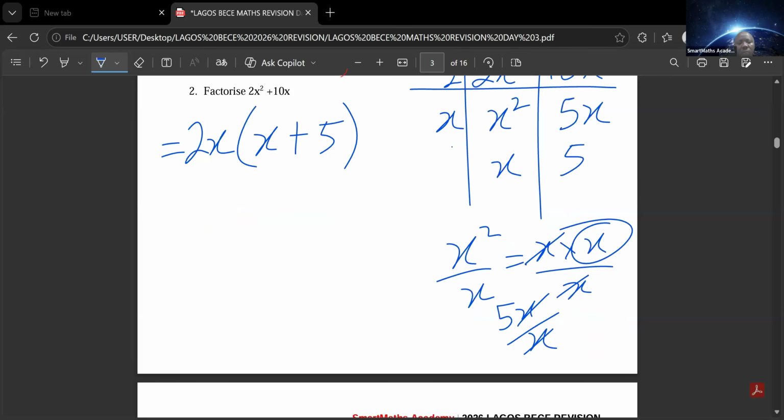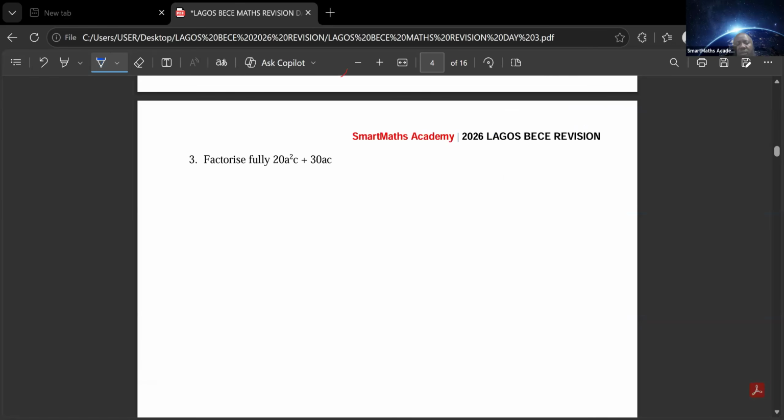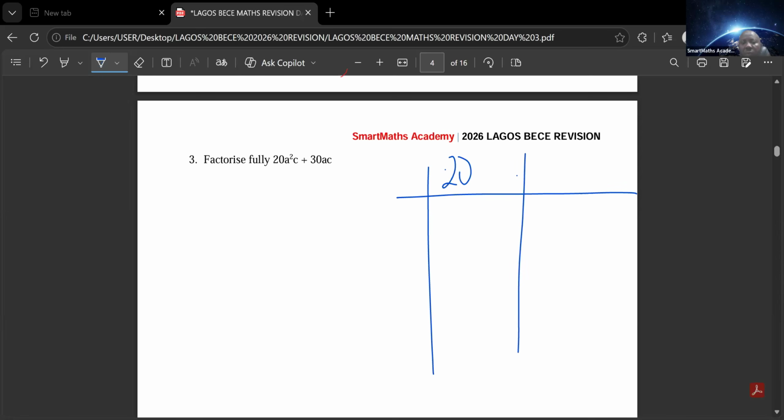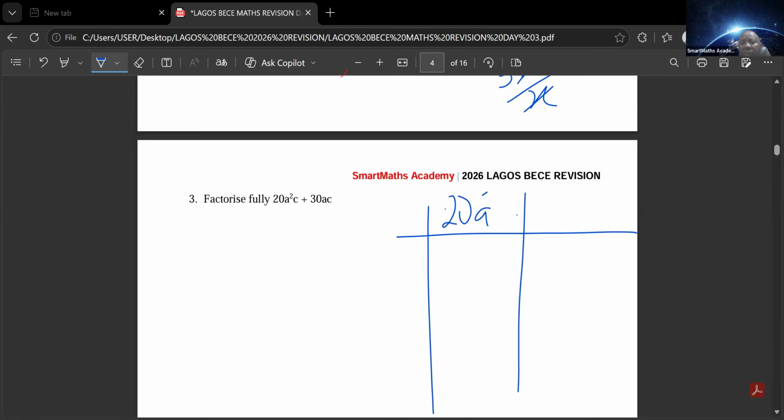Next one. Because this one says factorize fully, it does the same thing. It's all the same process. We have here 20a squared c, then 30ac. The first thing is let's deal with the numbers.